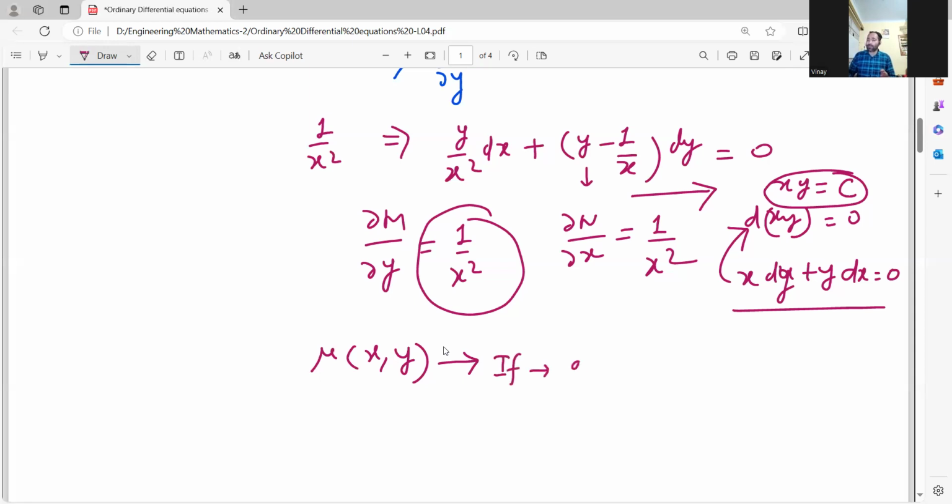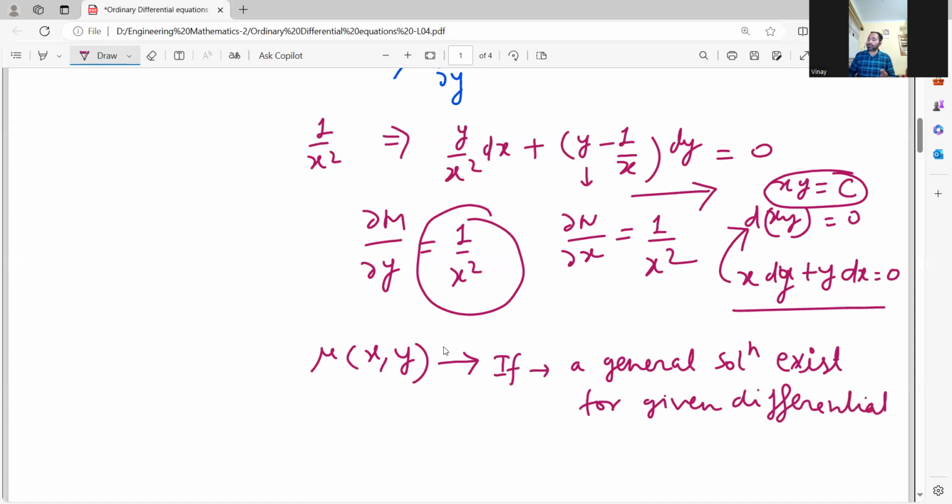But remember this: if a general solution exists for the given differential equation, then there will always be a factor, which we call mu(x,y). It will exist; you just have to find it.